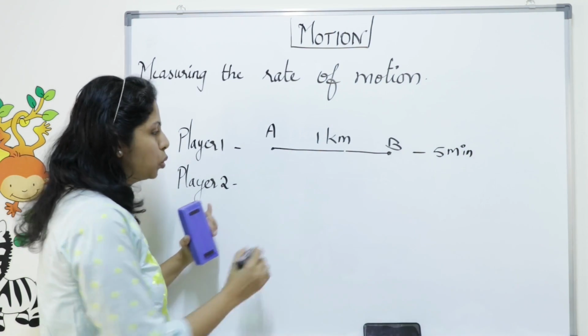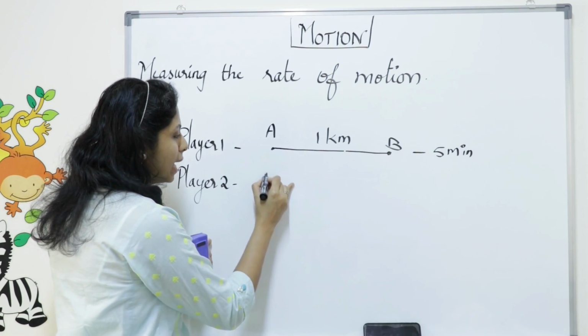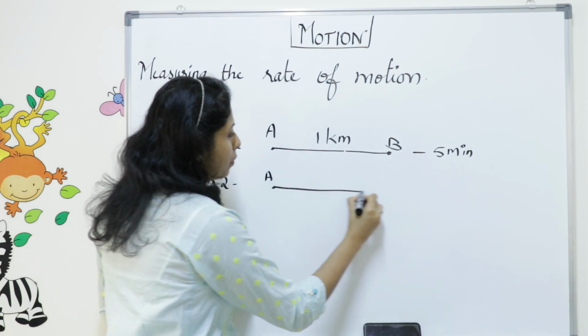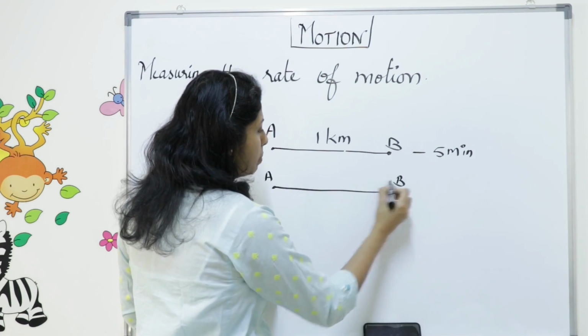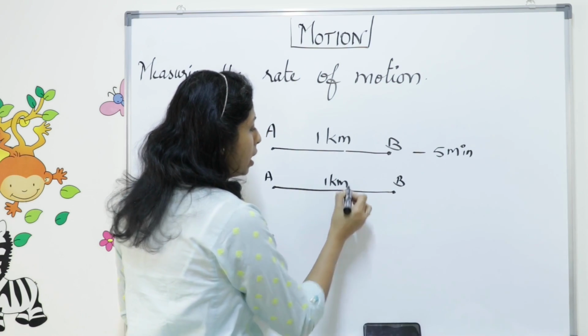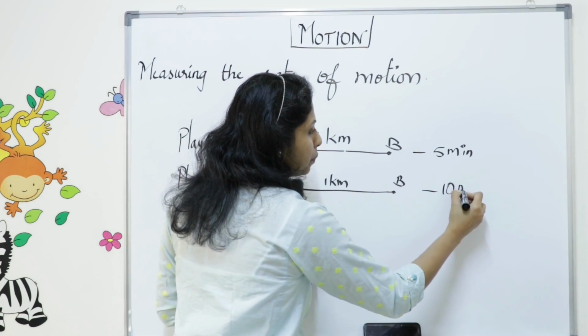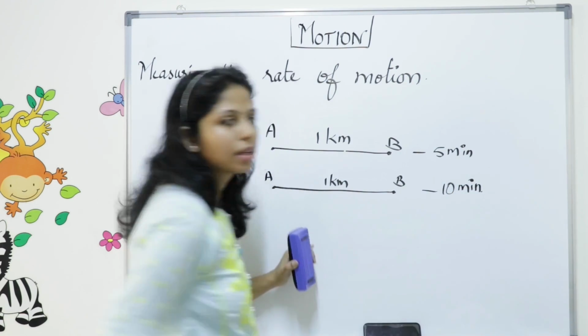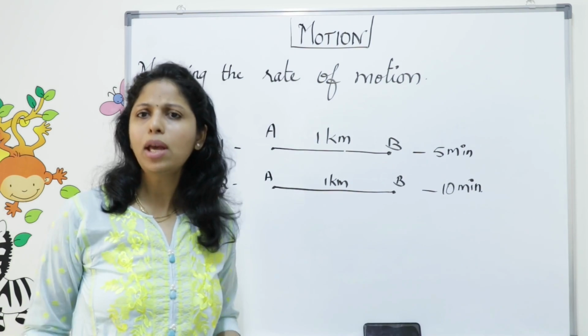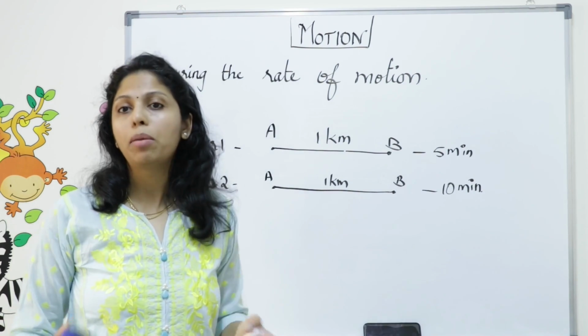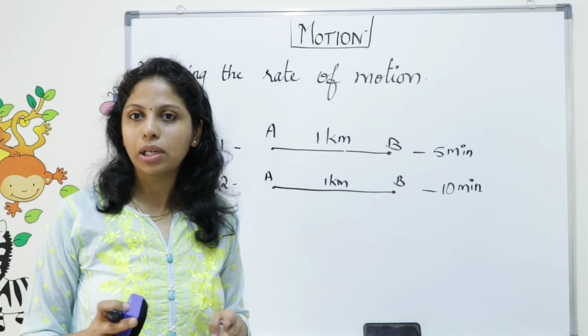Similarly, player 2 also travels the same distance, from point A to point B, which is 1 kilometer, but player 2 takes 10 minutes. Similarly, many objects may take different amount of time to cover a particular distance.